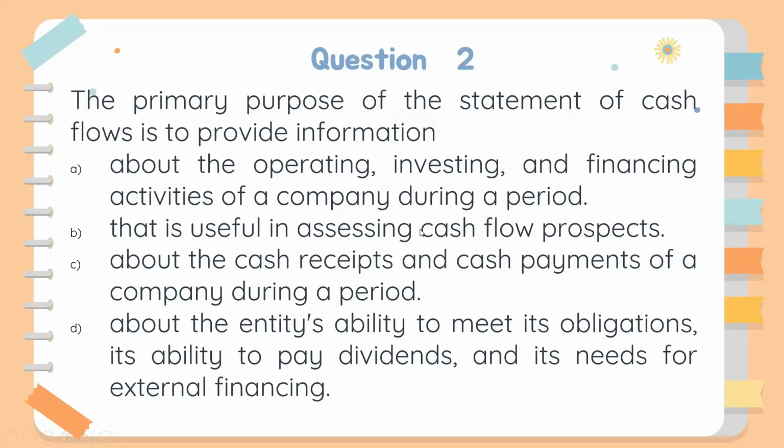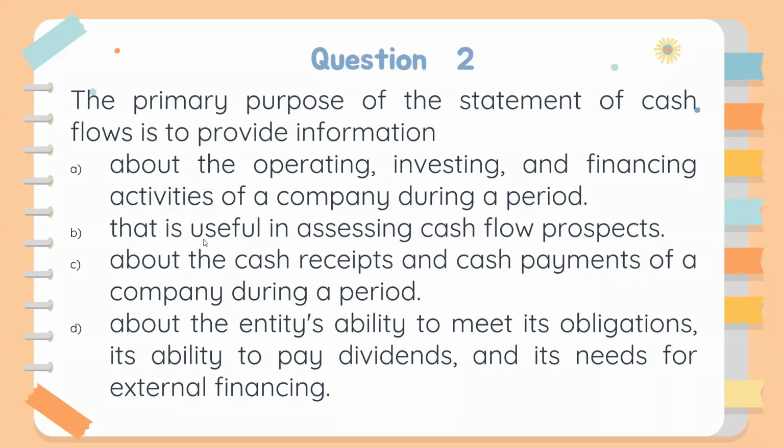So, question number 2. The primary purpose of the statement of cash flow is to provide information. Letter A, the operating, investing, and financing activities of a company during a period.